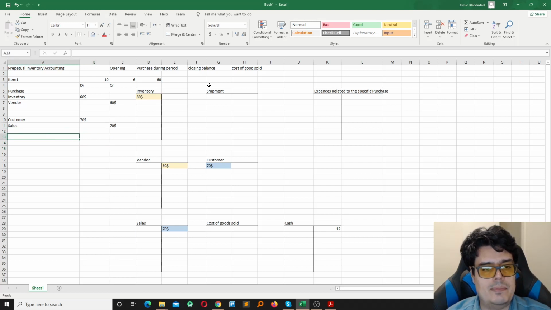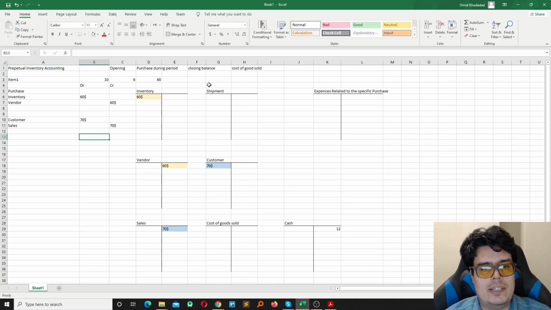Let me show you the registration of the general ledger for this transaction. In this transaction, because all of the inventory is sold, the inventory should be credited. It is a convention in accounting that we first register the account which is debited. So, which account is debited?